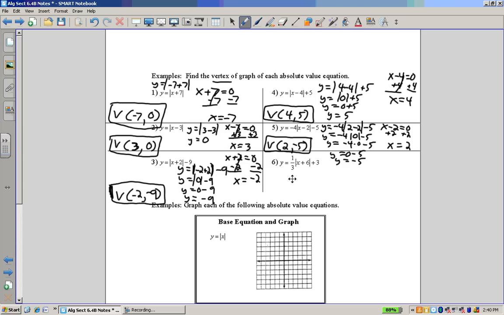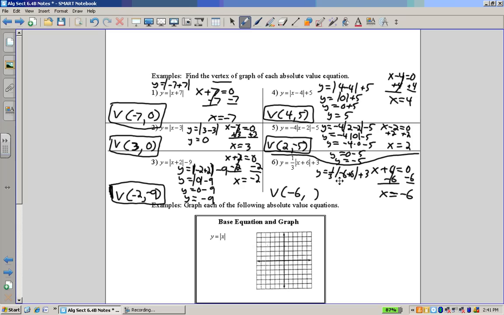All right, same thing here. We're going to start by trying to find our vertex. We're going to start by setting the x plus 6, the part that's in the absolute value, equal to 0. We're going to subtract 6 from both sides, and x equals negative 6. So there's half of my vertex. We're going to plug it back in. Y equals 1/3 times the absolute value of negative 6 plus 6, plus 3.